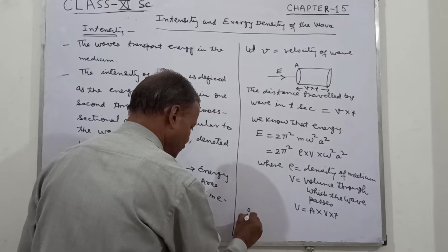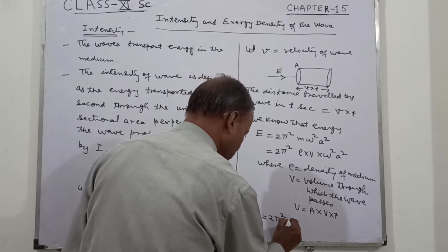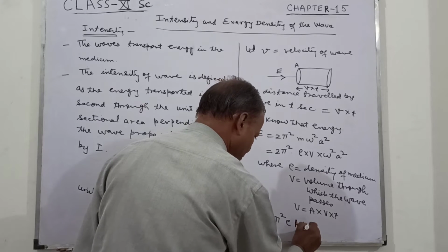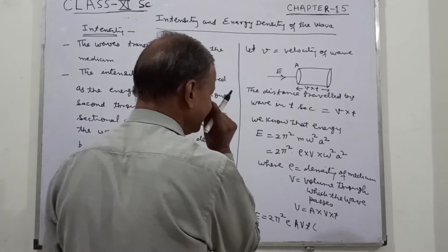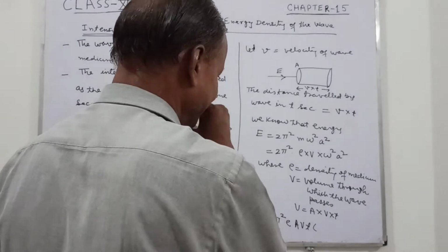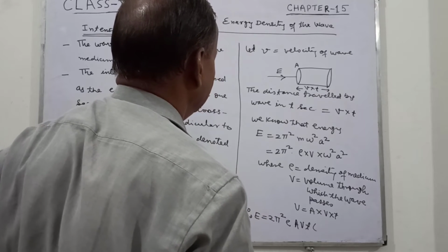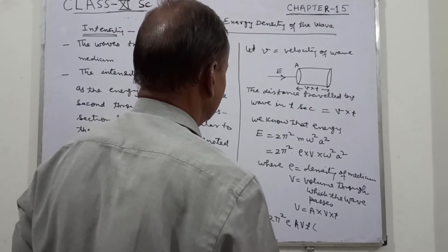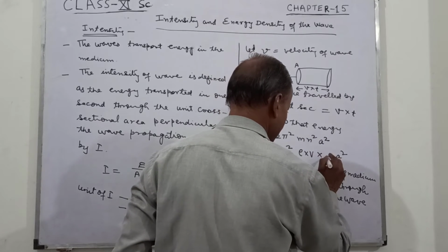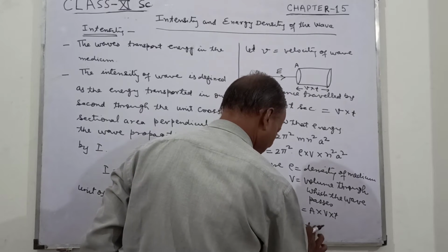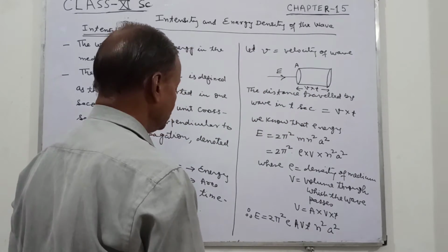Therefore E equal to 2 pi square m, and m is rho into V, so this is rho A v t into n square A square.